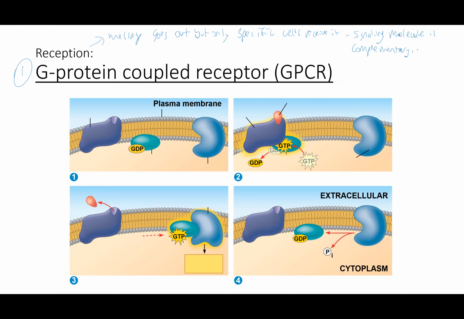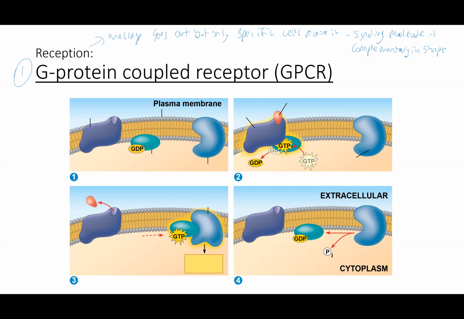Complementary. Which might remind you of something else that we talked about. What else did we talk about where the shape and there was specificity for binding? Enzymes, yeah. Enzymes work with a specific substrate, just like these signaling molecules work with a specific receptor. So they're not going to bind to the wrong thing.